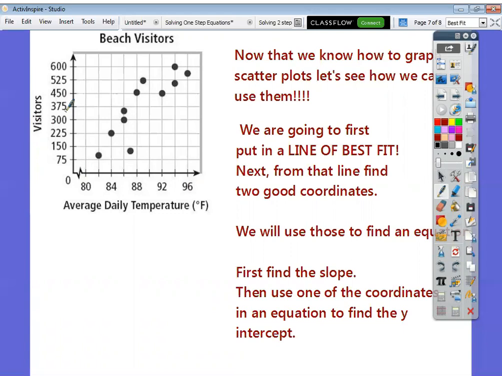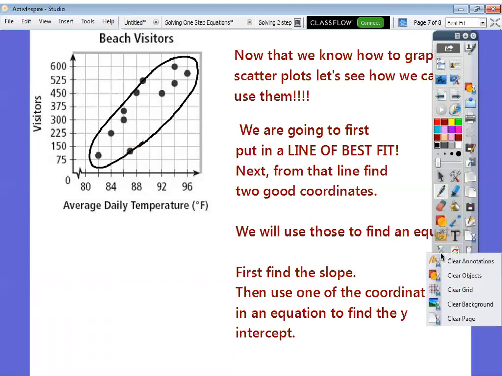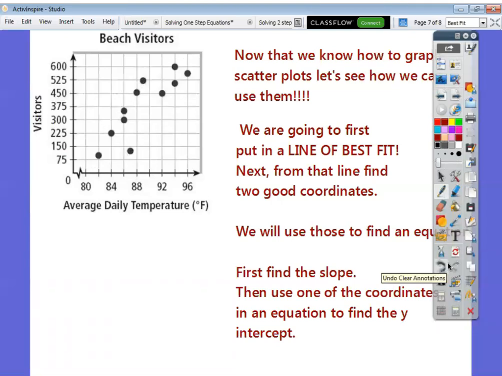This data is about beach visitors, and since all of the numbers are going up in this direction, we know that the hotter it gets, the more people will visit the beach, because as visitors increase, that means the temperature is increasing, or probably vice versa. But what I want to do is make some predictions, right?